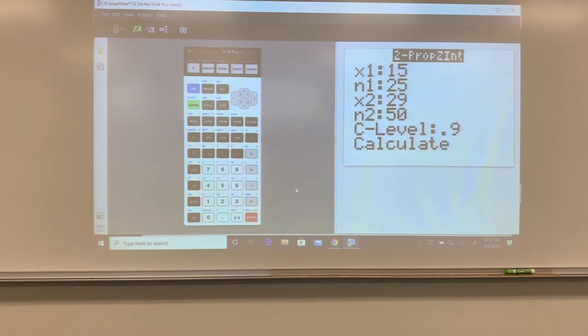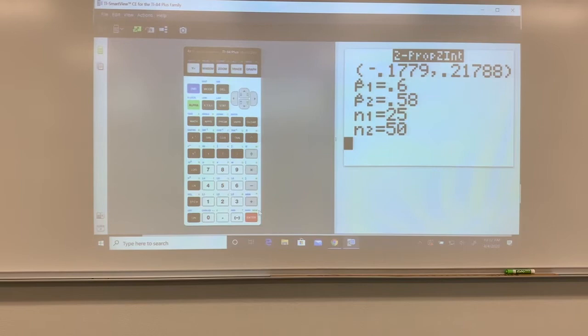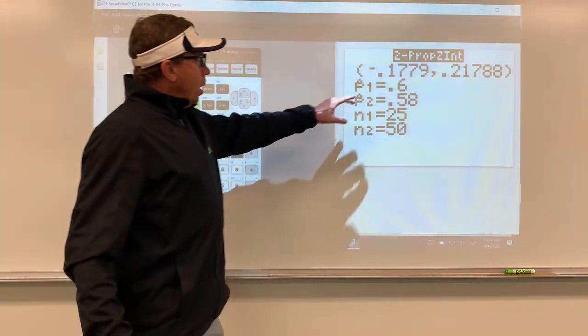And the numbers are probably in there, and they are, because the calculator knows that the 2-prop z interval is related to the 2-prop z test. And I'm going to go ahead and go to calculate here, all right? And there we go.